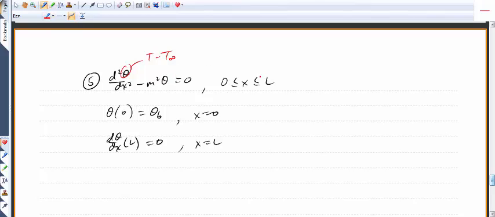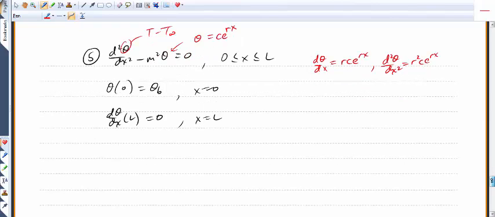So to tackle this, we're going to propose that theta is of some form, some constant c times e to some unknown other constant r times the position x. Therefore, d theta dx is equal to r times c e to the rx. d squared theta dx squared is r squared c e to the rx.